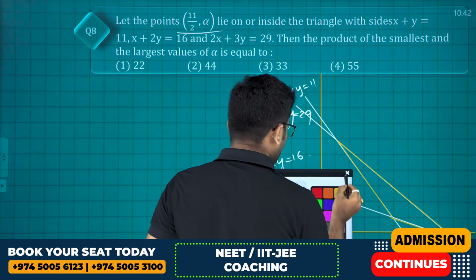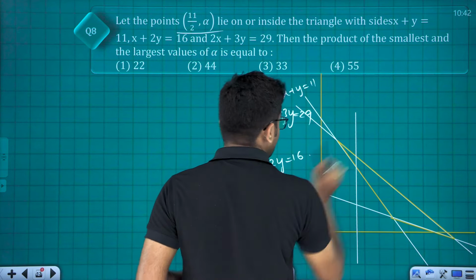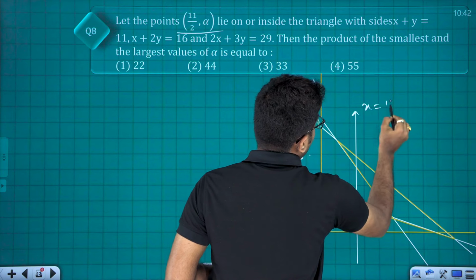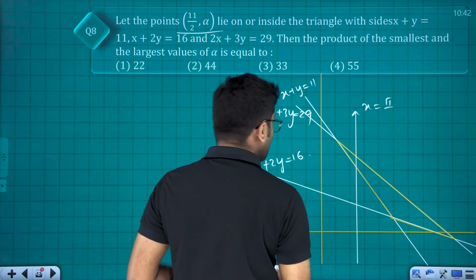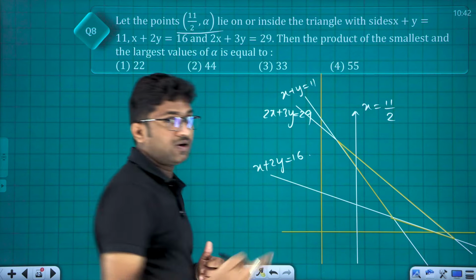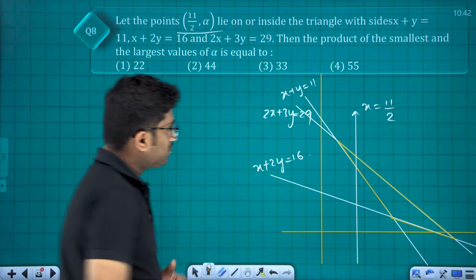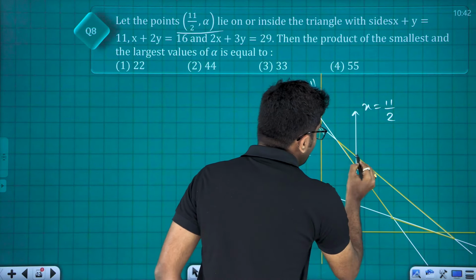Suppose if we have x is equals to 11 by 2 somewhere here, this is the line x is equals to 11 by 2. So for sure alpha should be on this line only, because the point 11 by 2 comma alpha will lie on this line.